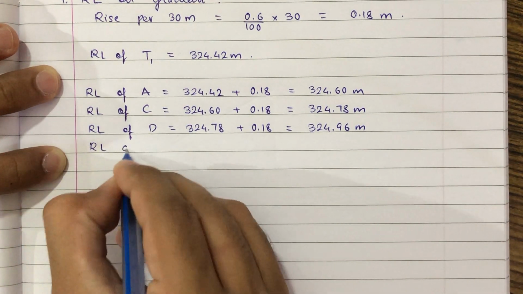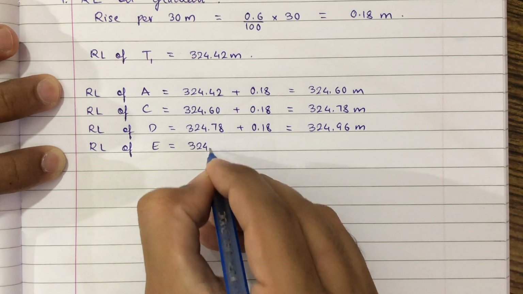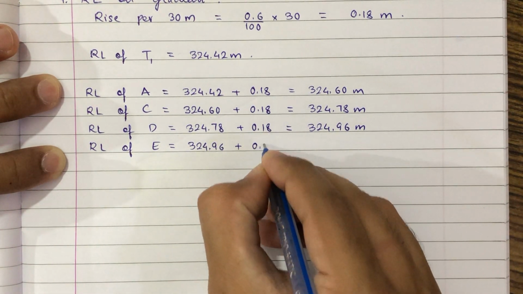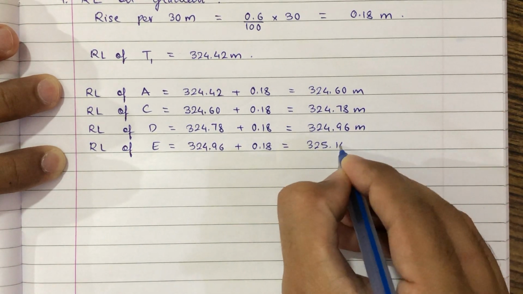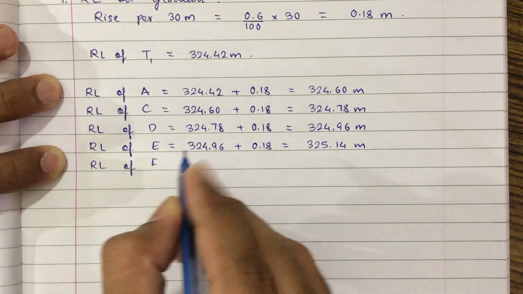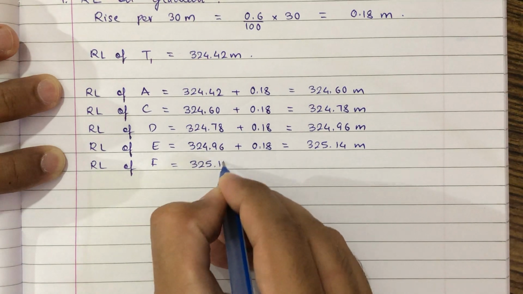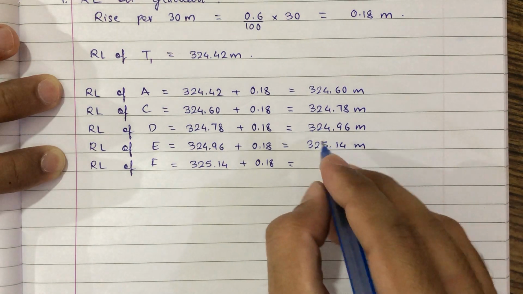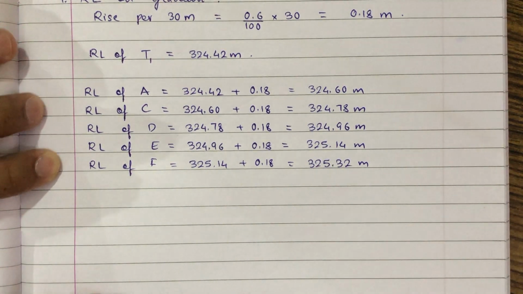Then RL of E is 324.96 plus 0.18, which is 325.14. Then RL of F is 325.14 plus 0.18, which comes out to 325.32 meter.